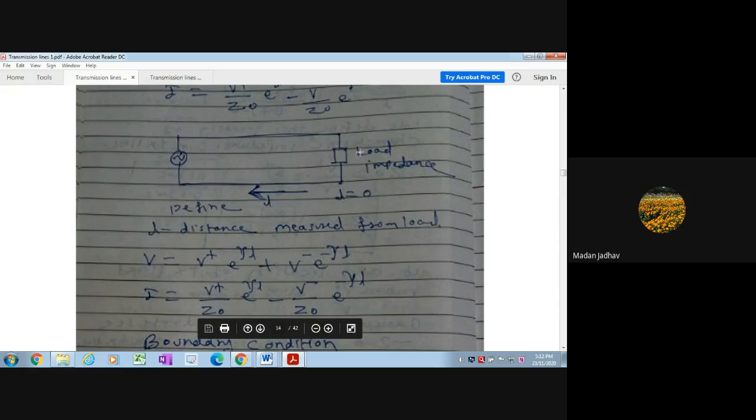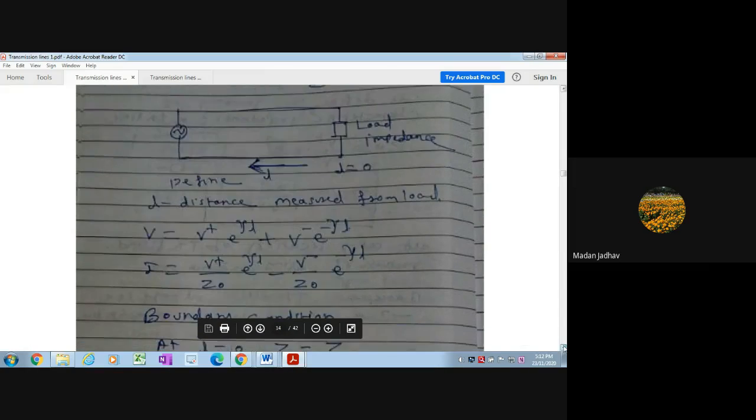Now these are the equations for the voltage and the current along the transmission line. Here you can see this is the generator and this is the load, and here L is equal to 0, and when we move from the load to the generator, this L is positive, and to this side the L is negative. Now V is equal to V plus e to the power of gamma L plus V minus e to the power of minus gamma L. This is the equation for the voltage.